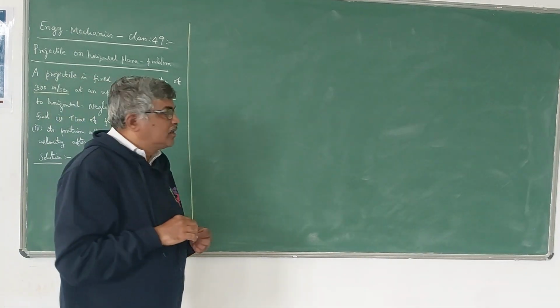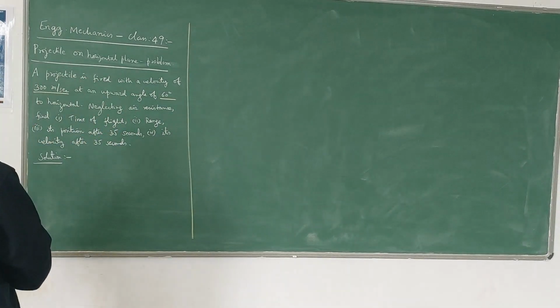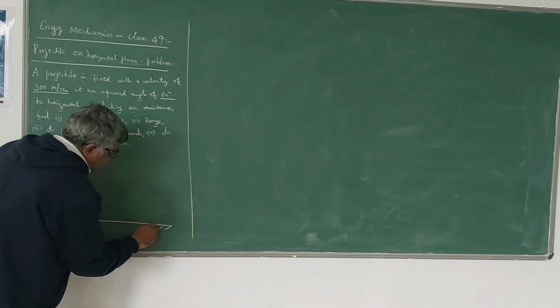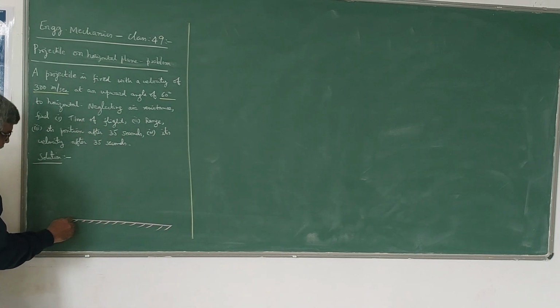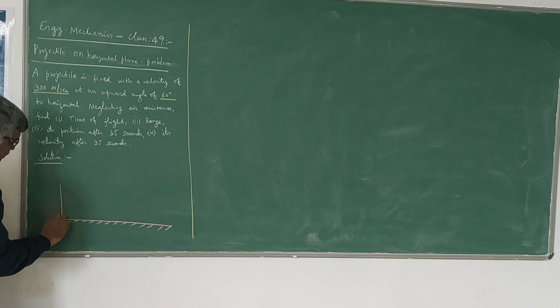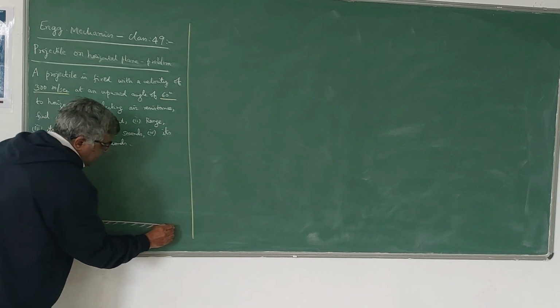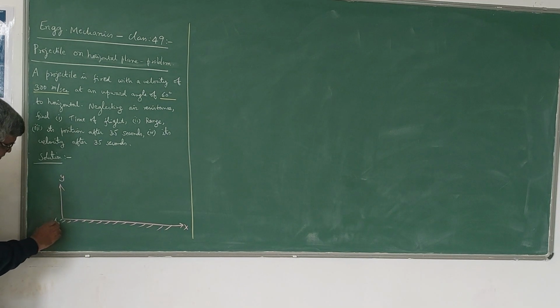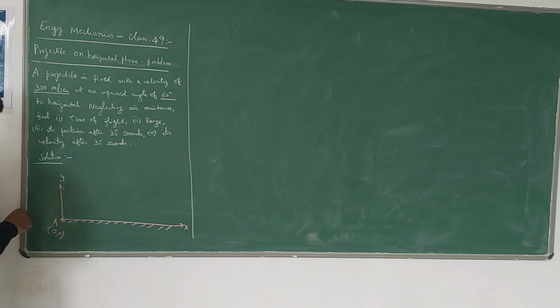See here, in this example, he has given that a projectile is projected on a horizontal plane. Unless it is specified, you consider the plane as a horizontal plane, so that this is the x-axis, this is the y-axis, and A, the point of projection, becomes the origin.